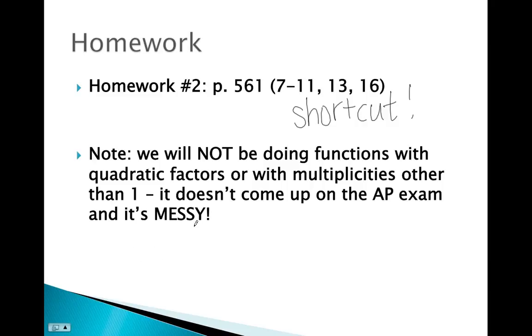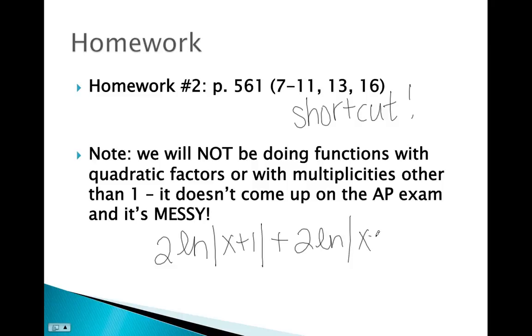There's one other thing I want to show you. Say what I come out with is 2 times the natural log of x plus 1 plus 2 times the natural log of x minus 5 plus c. Let's say that's my answer. Because my coefficients are equal, I could technically factor out that 2.